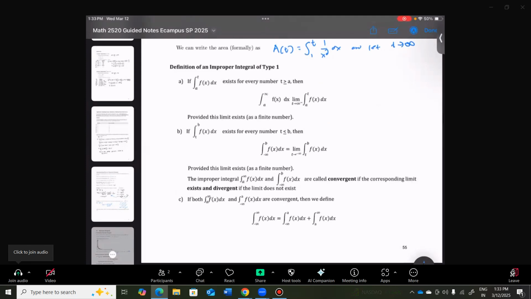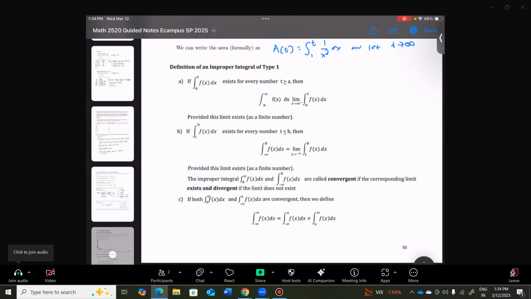We can also look at it if t goes to b, while t is less than or equal to b, then the integral from negative infinity to b is the limit as t goes to negative infinity of the integral with limits t to b. Again, providing these limits exist.